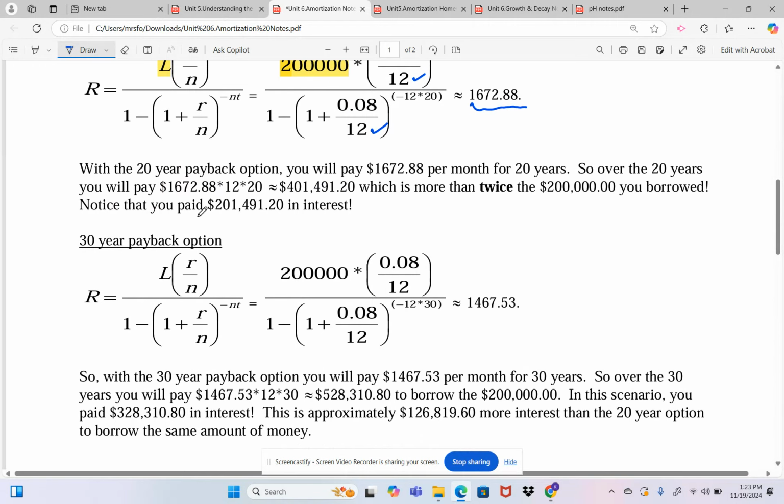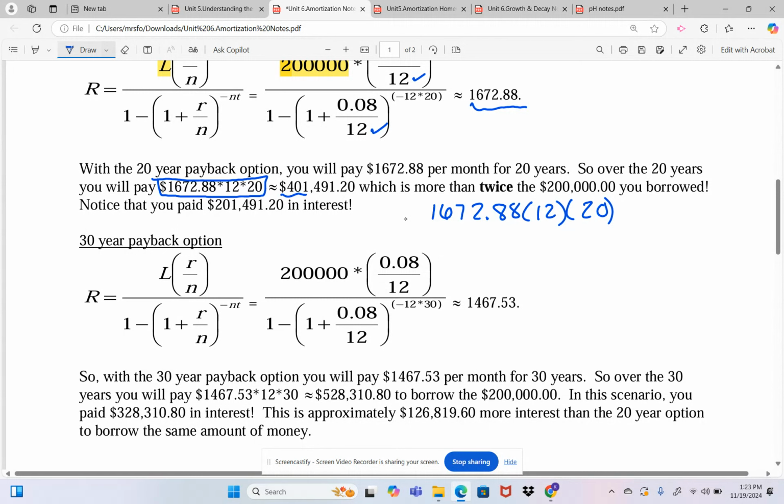Okay, so with the 20-year payback, this is how much you're going to pay per month. Now, that's not the total you're going to pay back. That's your monthly payment. So over 20 years, how much will we have paid back? We would be paying this amount every month for 20 years, which is right here too, but I wanted to show you where those numbers came from.